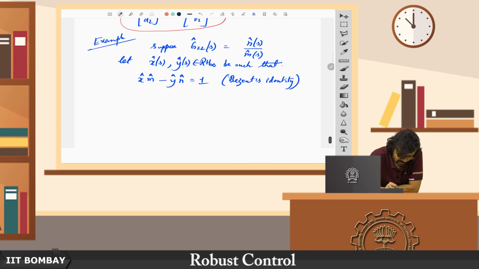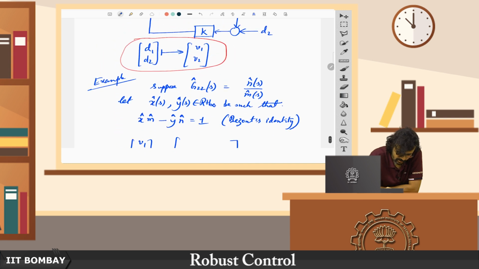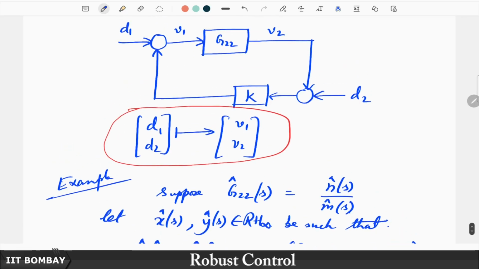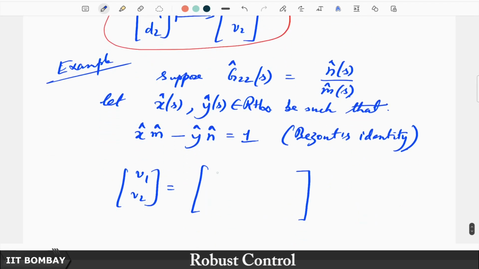You can see that d1 to v1 is equal to 1 by 1 minus k g22. Let me write that down as a scalar transfer function, 1 by 1 minus k g22. Okay.